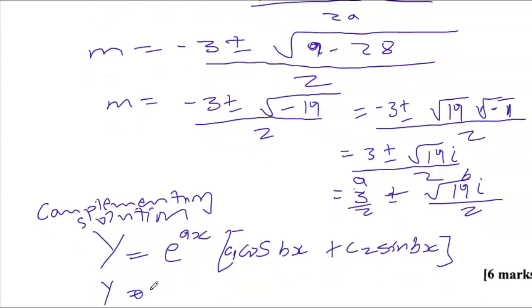So we have e to the a, so 3 over 2. Well, negative 3 over 2.